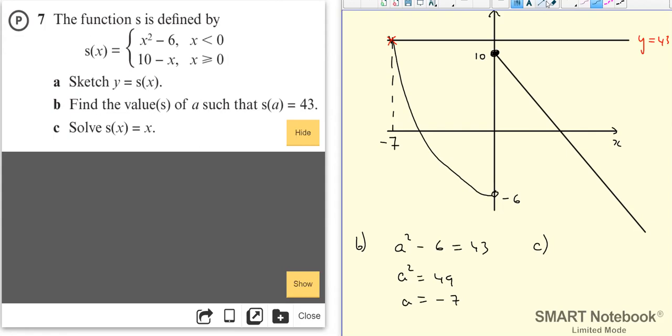What I was going to say is draw the line y equals x. Sketch it on this diagram so that we can figure out how many solutions there are.